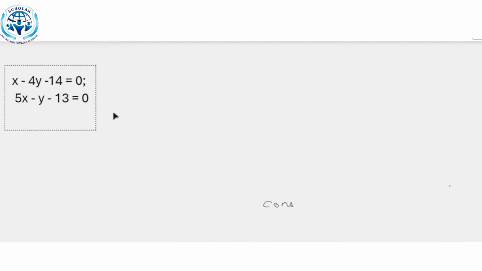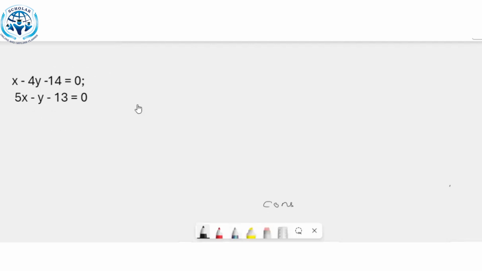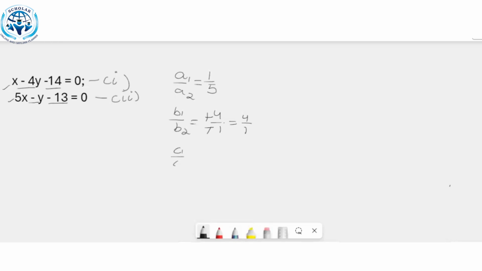We will observe a1 upon a2, b1 upon b2 and c1 upon c2. a1 is 1 and a2 is 5. Now b1 upon b2 is minus 4 and minus 1, that is 4 upon 1. c1 upon c2 is minus 14 and minus 13, which is equal to 14 upon 13.